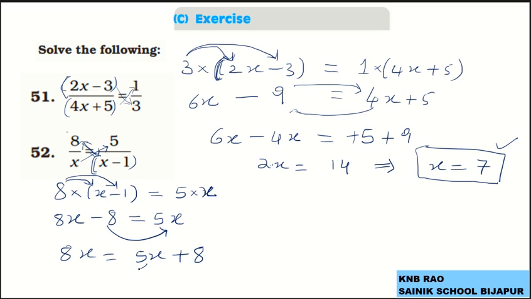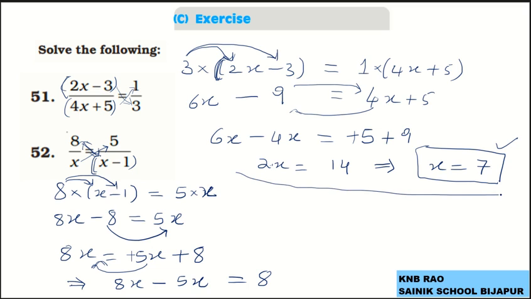Now this 5x I will transpose to the left hand side. It implies 8x minus 5x, because it is with plus sign which is getting added in right hand side, becomes subtrahend in left hand side, equals to 8. So 8x minus 5x, you know it is done like term simplifications.